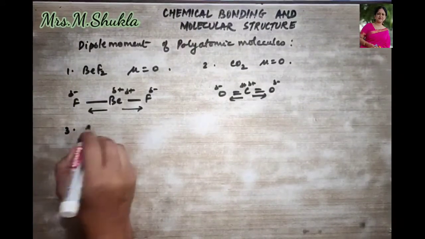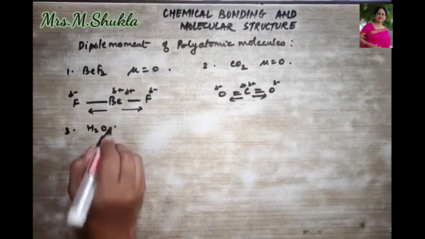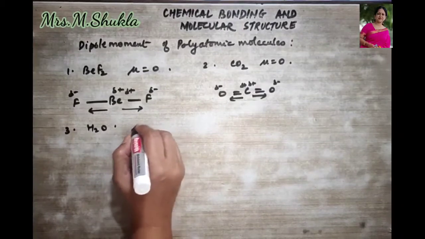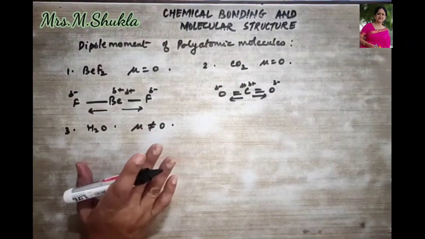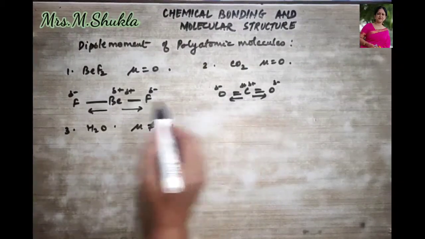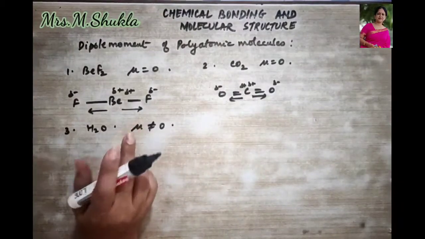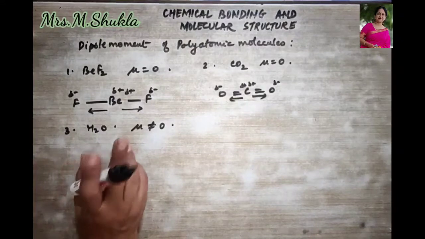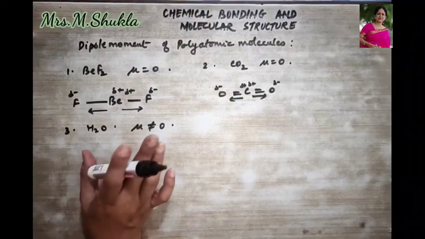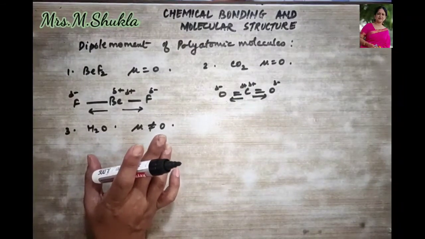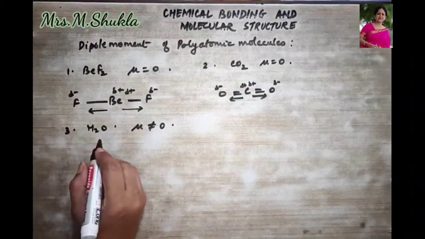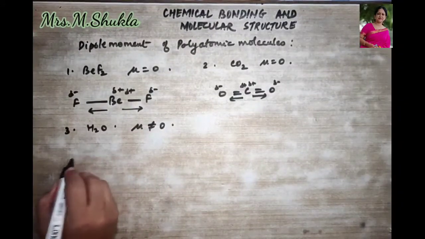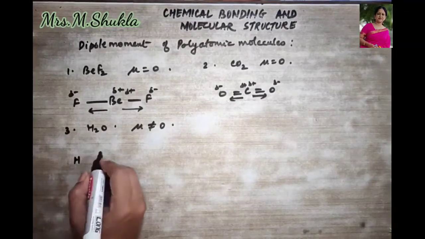Let's take another example of water. The dipole moment is not equal to 0 over here. Why? Because water does not show 180 degrees, right? But it shows a bent polar molecule. It is a bent polar molecule, right? So it has a dipole moment. So over here, if I draw it, look at the structure of water.